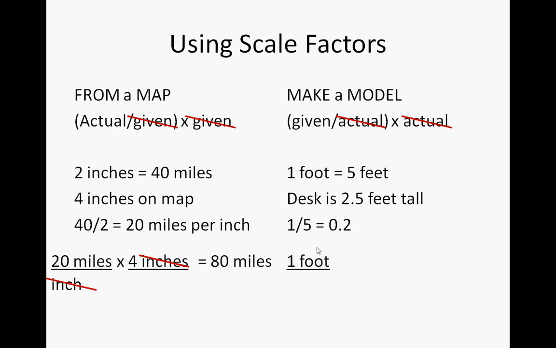So I have 1 foot to 5 feet times 2.5 feet. Remember, this is my given to actual times the actual. Now if I wanted, I could just use this ratio and punch 0.2 times 2.5 into my calculator, because I know that 1/5 is just 0.2. And what you get is half a foot. So if something was originally 2.5 feet tall and we shrank it down using this scale, it would end up being just 1/2 foot tall.